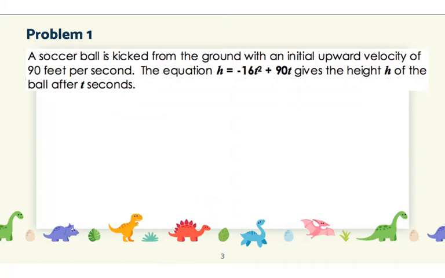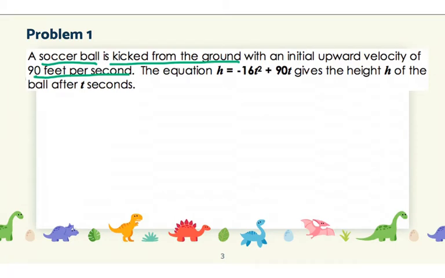The reason I just put the problem here is because I want to annotate it, and I want to think about a picture of an actual soccer ball that is being kicked from the ground. All of these words with an initial upward velocity of 90 feet per second. Velocity is the speed of something, so it's important to know, but don't get caught up so much in the vocabulary.